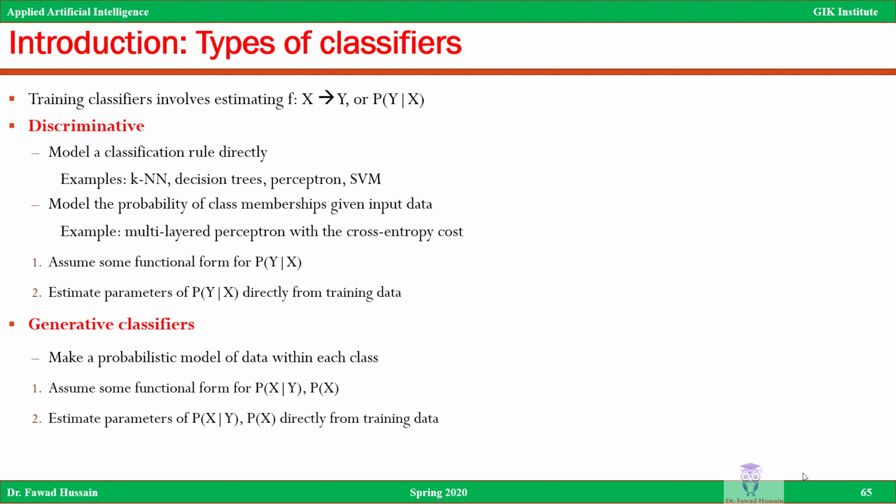So, these types of classifiers are based, in fact all classifiers have some sort of probabilistic value. For instance, we can say that training classifiers involve estimating the probability of y given x.